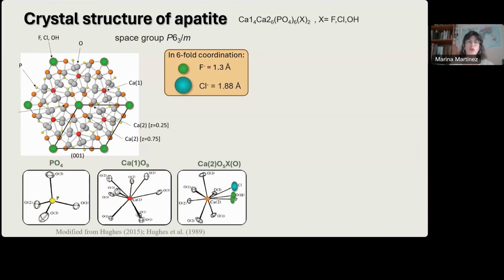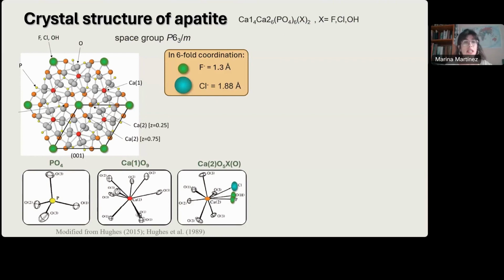So just to go over a bit of the structure of apatite, I'm sure everybody is familiar with it, but just in case: apatite crystallizes in the hexagonal crystal system, space group P63/m. Here's the formula. There are basically three different polyhedra. We have the PO4 tetrahedra, which is rigid and quite invariant.